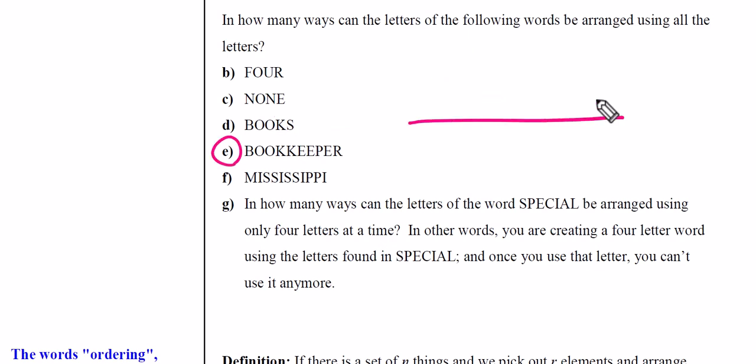Good golly, bookkeeper, 1, 2, 3, 4, 5, 6, 7, 8, 9, 10 factorial. That's the total possible arrangements of all the letters, including repeats. But we have 1, 2 O's, 2 K's, and 1, 2, 3 E's.